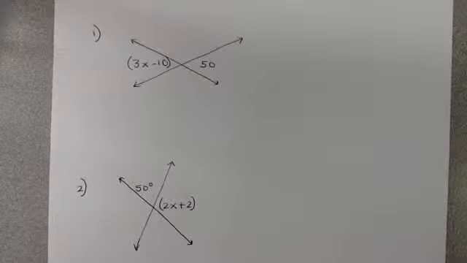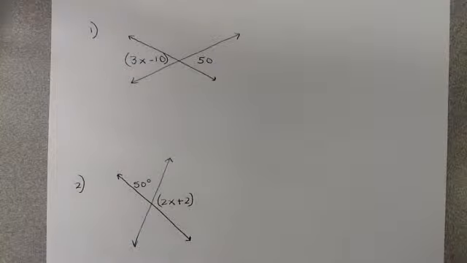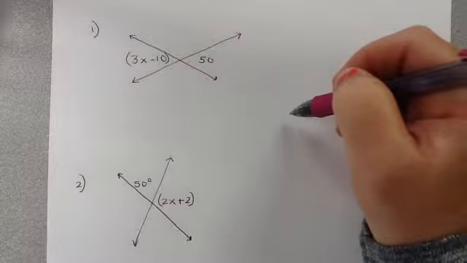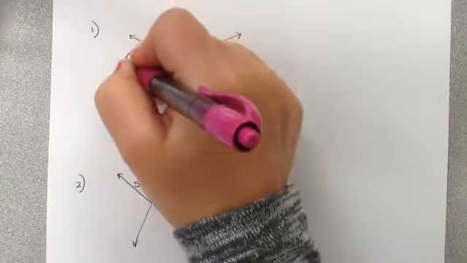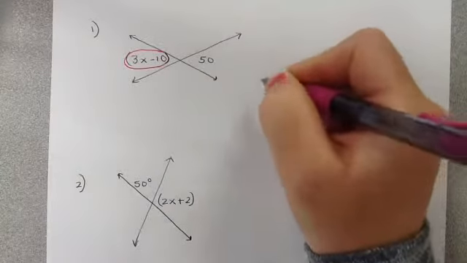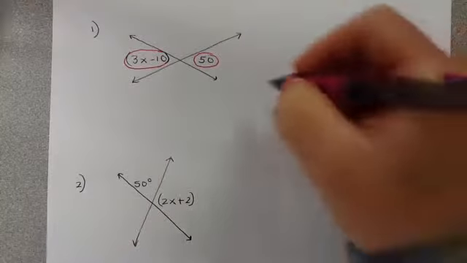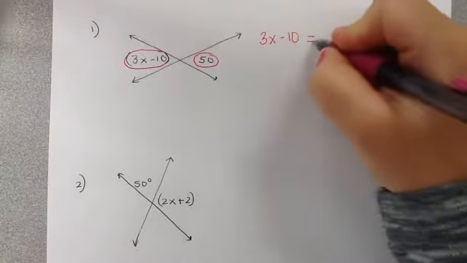Using the information about vertical angles, we are going to find a missing measurement. These two angles are vertical because they are across from each other. We talked about how vertical angles have the same measurement. So this angle here, which I'm not sure of yet, must equal this angle here. So I can make them equal. 3x minus 10 equals 50.